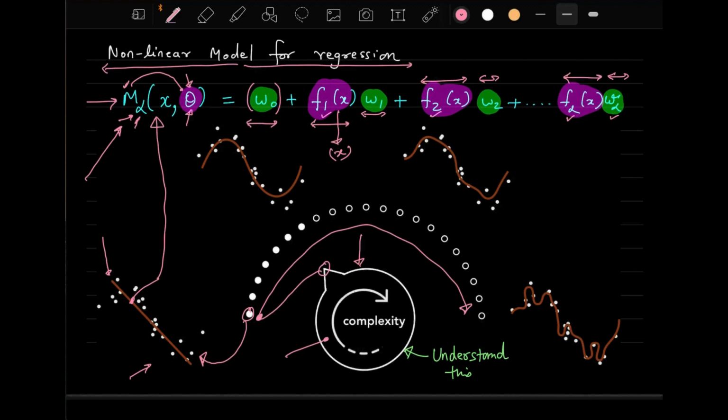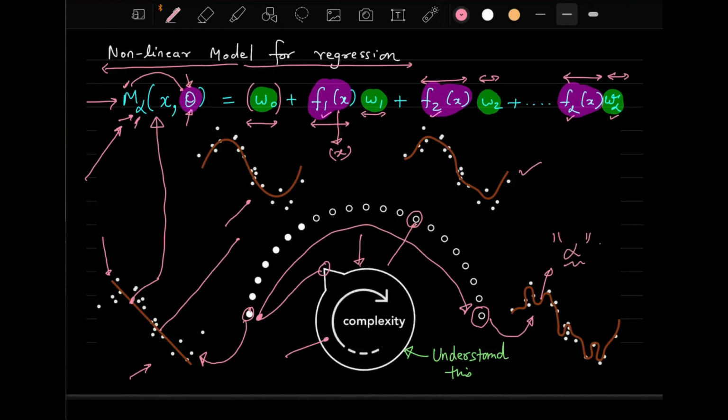This is showing you another version of this curve, where more terms are added as the complexity of the model increases. And this is a third snapshot, when the complexity of the model is somewhere around here. And when the complexity of the model is very high at this point, you can see that the model is very complex and has a very high number of alphas.